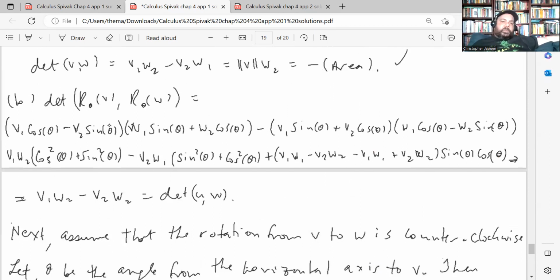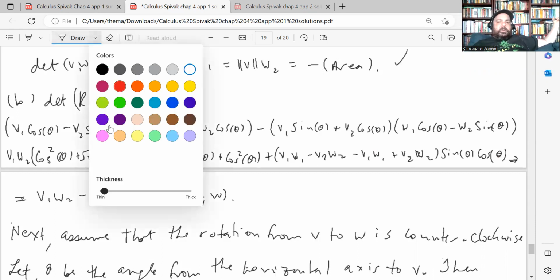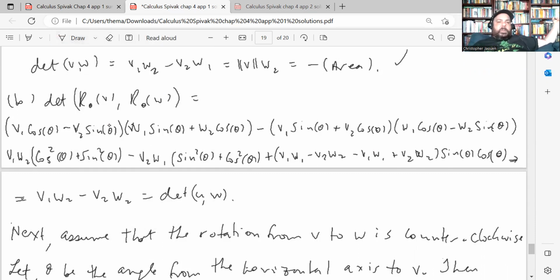First we'll show that the determinant of the rotated vectors is the same as the determinant of the vectors. Here I'm just using the definition of the determinant and also the formula that we derived for the rotated vectors.